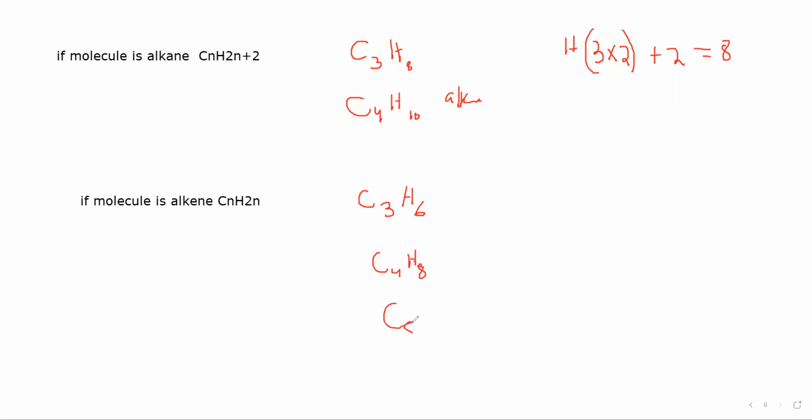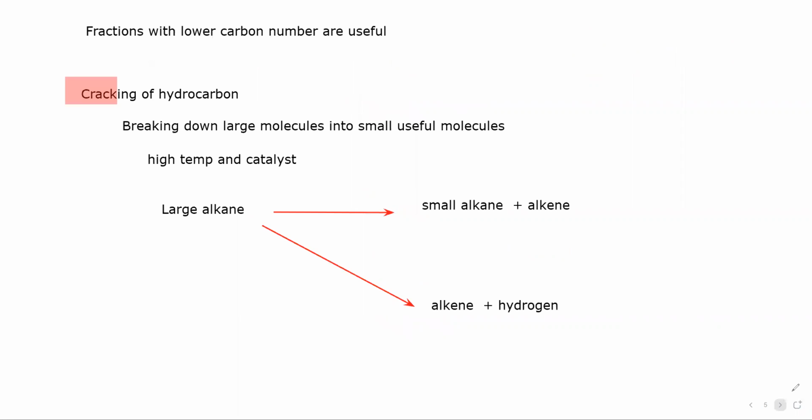Same way, C5 will have H10. So using this formula, you can identify whether a compound is alkane or alkene. In alkanes, the number of hydrogens will be twice plus 2, but in alkenes, the number of hydrogens will be twice the number of carbon atoms. So, less than a minute left. I will continue this explanation of cracking in the second session.